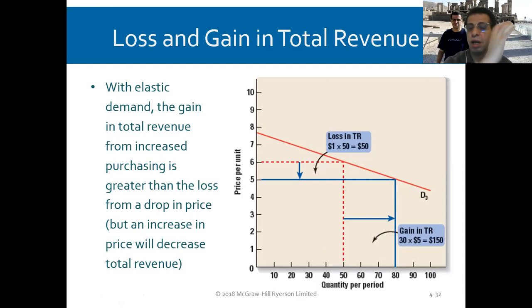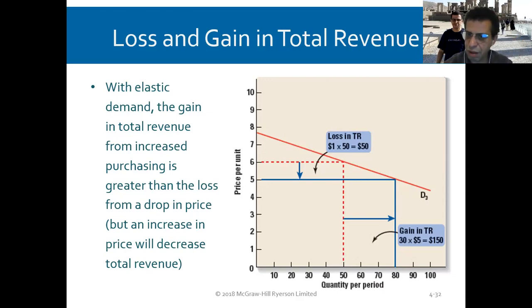And if you multiply 5 by the difference, 30, you're going to end up with an extra 150. Although here you lost $50 in total revenue, you look at the total gain here, you did an extra $150.